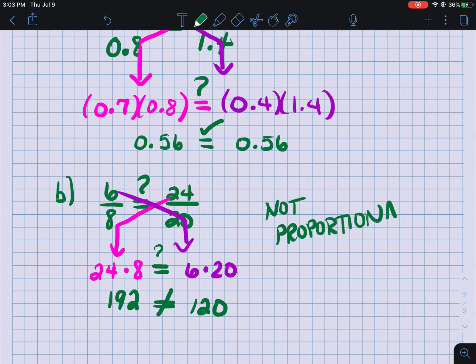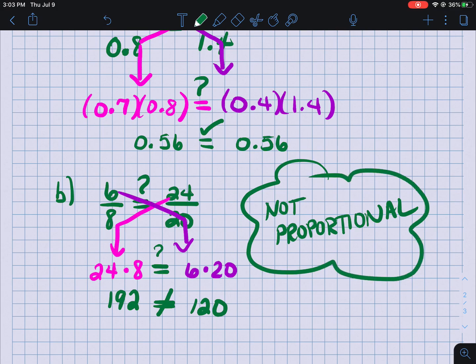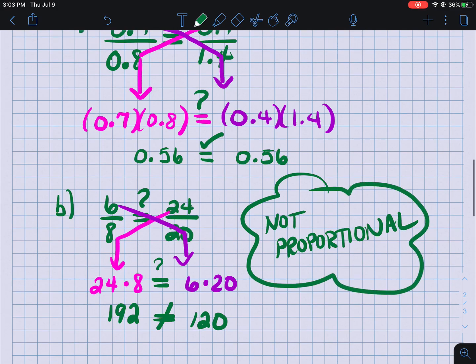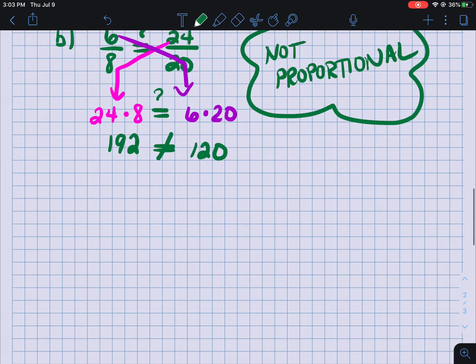You don't have to write all that. You could just write the line through it. Now the other type of example problem is you might get something that's going to say solve the proportion. So if it says solve the proportion, we already know it's proportional, and then we can just use cross multiplication to solve a proportion.